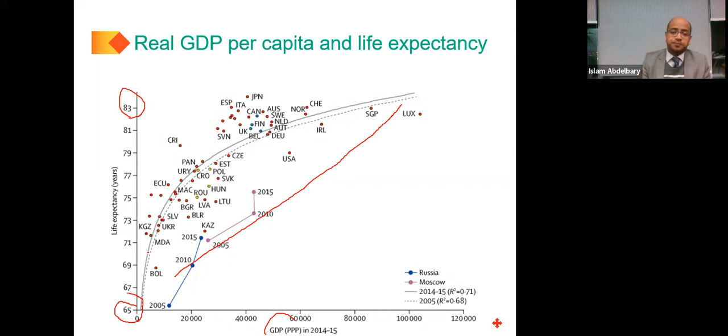So number one, GDP is highly correlated to quality of life.